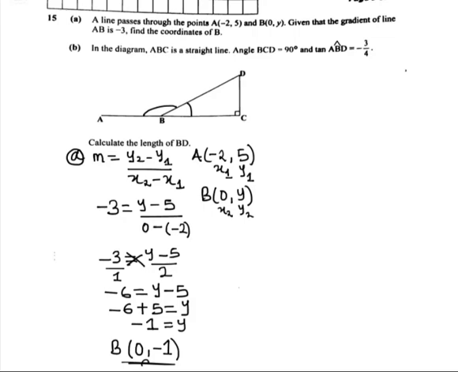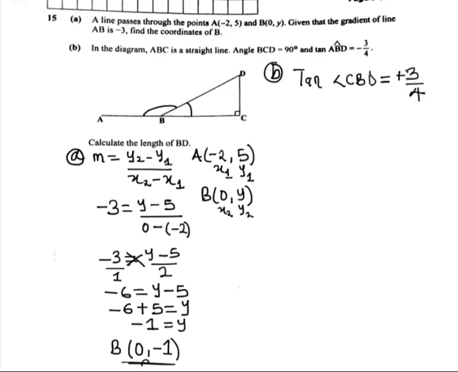So for the solution on B, we are going to start by writing tan of angle CBD. This is going to give us positive 3/4.